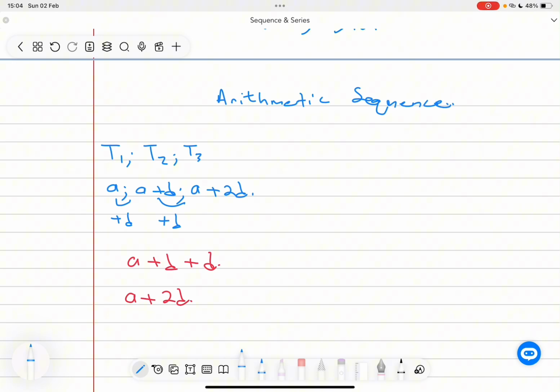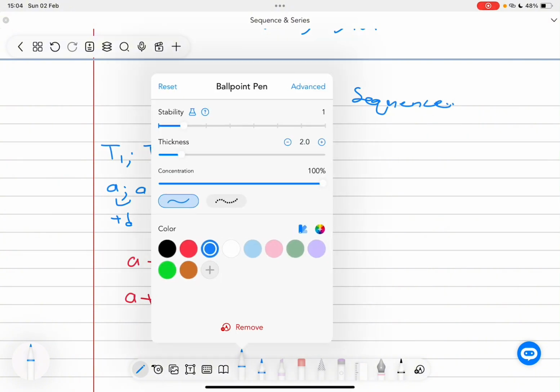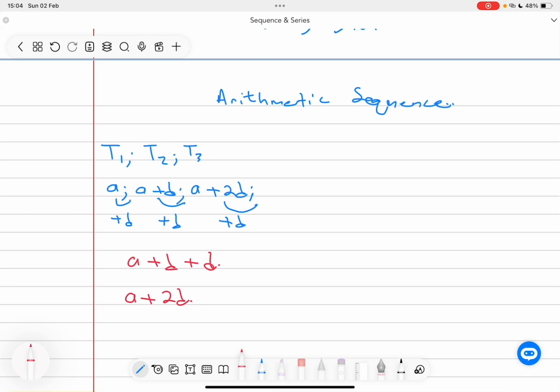I can continue doing the same thing by adding some number D so that I get the next term that comes after this. It should be clear that I'm going to take A plus 2D, the previous term that I just got, and add a D to it.